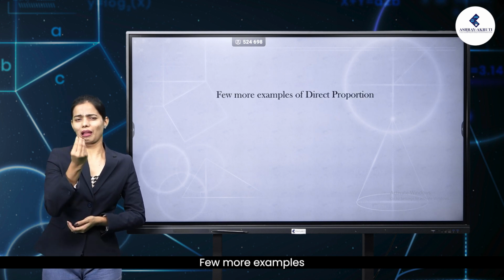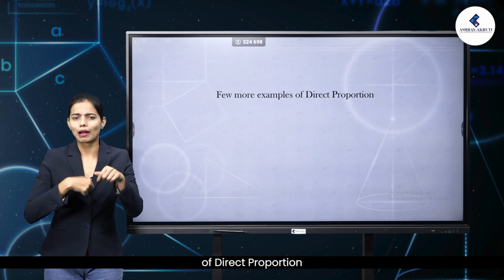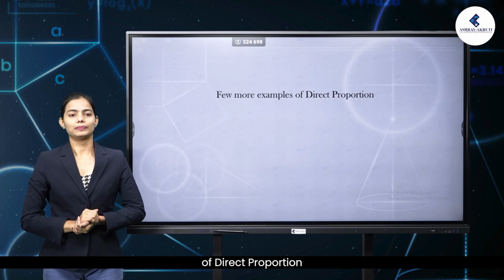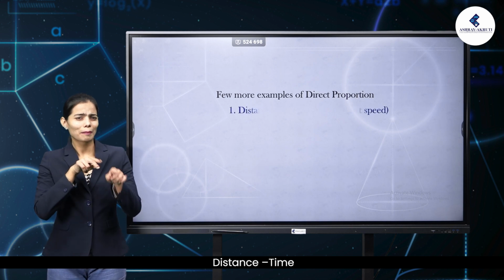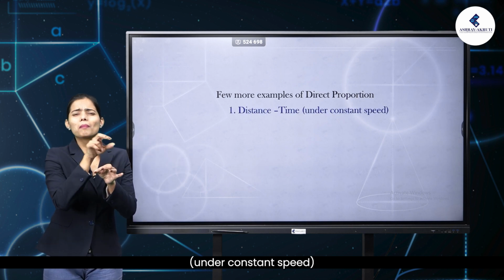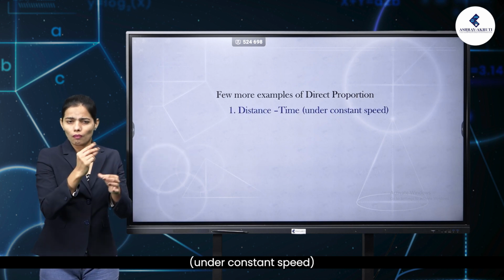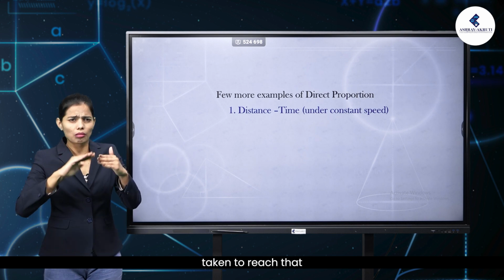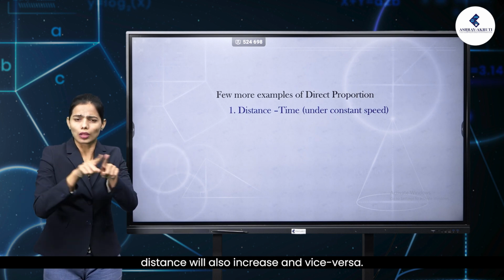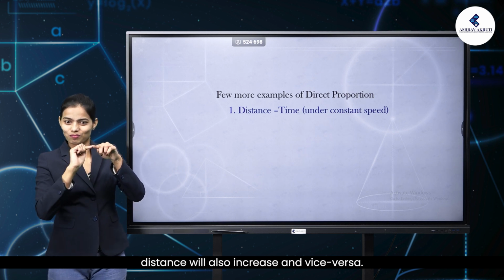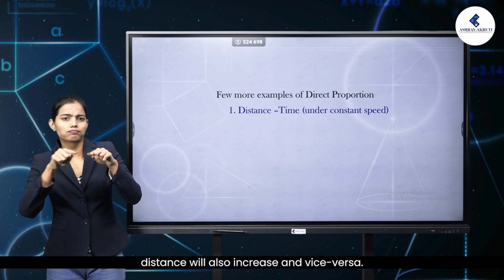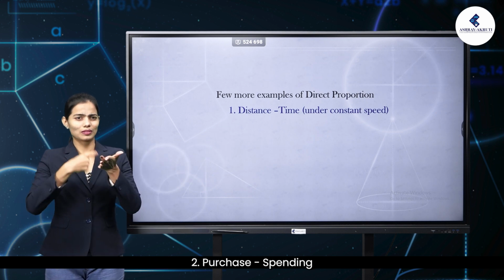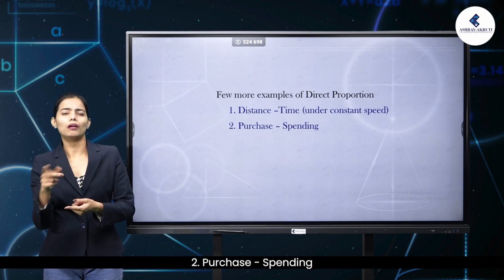Few more examples of direct proportion. Number 1, distance and time under constant speed. If the distance increases, then the time taken to reach that distance will also increase and vice versa. Number 2, purchase and spending.